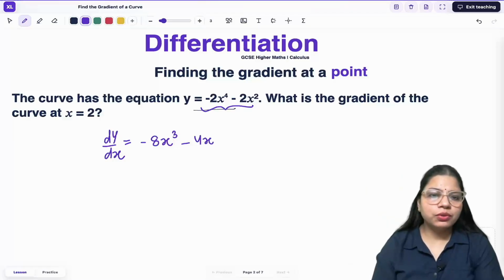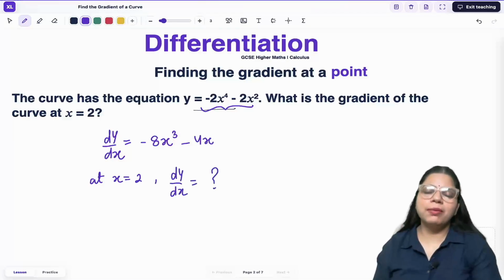Now, at x equals 2, we have to find what dy by dx is.